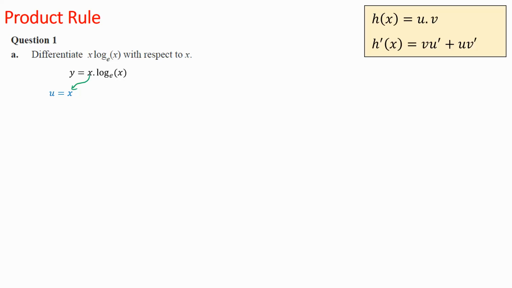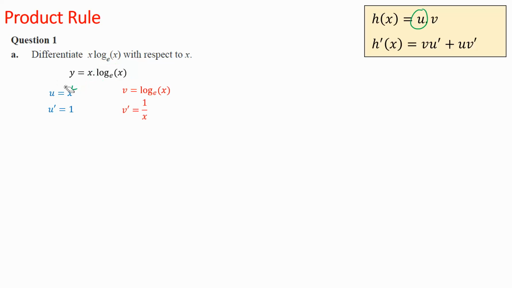Dot, which means times, with the second function, log e, which I'm going to call v, and I'm going to find the derivative of each one. So the derivative of x was 1. What's the derivative of log e x again? What's the rule? 1 on x. So I know v dash is 1 on x.